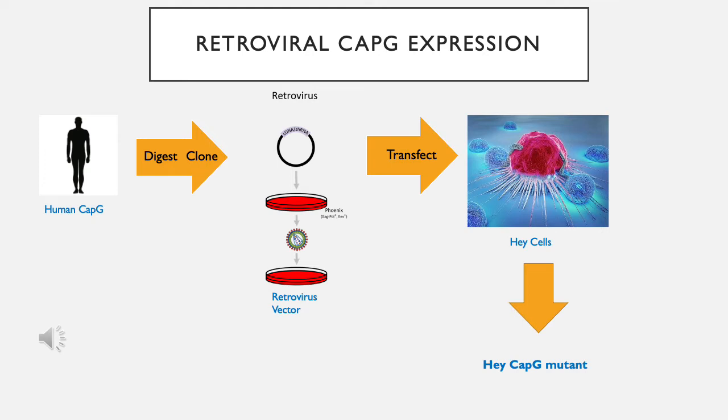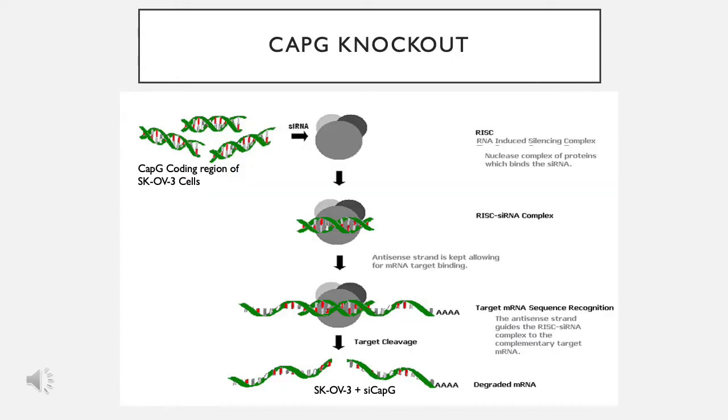To do this, human CapG was amplified with PCR, then digested and cloned into S11IN, which is a retroviral expression vector. The vector was then transfected into HEY cells in order to create the mutant HEY CapG. Where HEY cells had a low level of CapG expression, SKOV3 cells had a high expression of CapG.